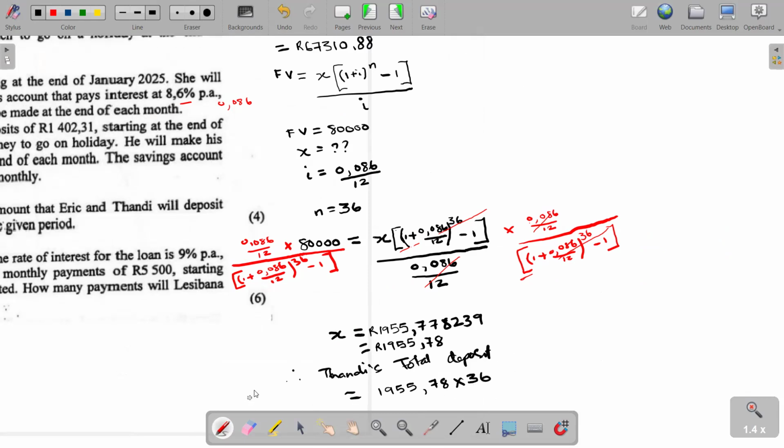So simplifying that, we go to our calculator.